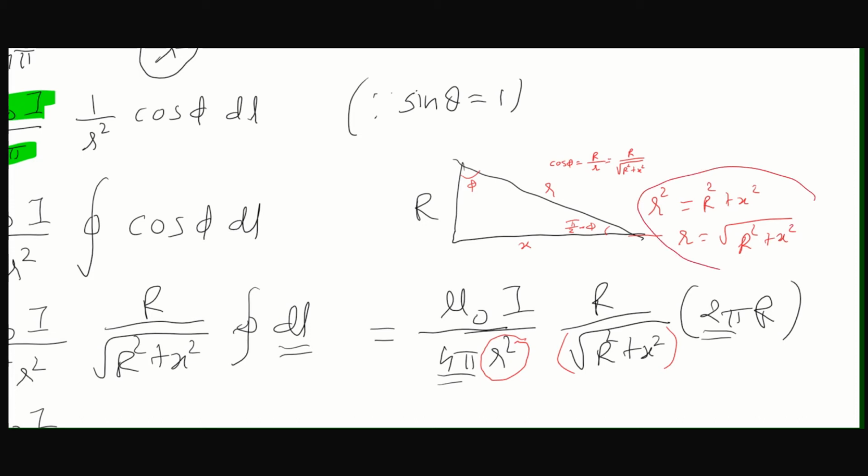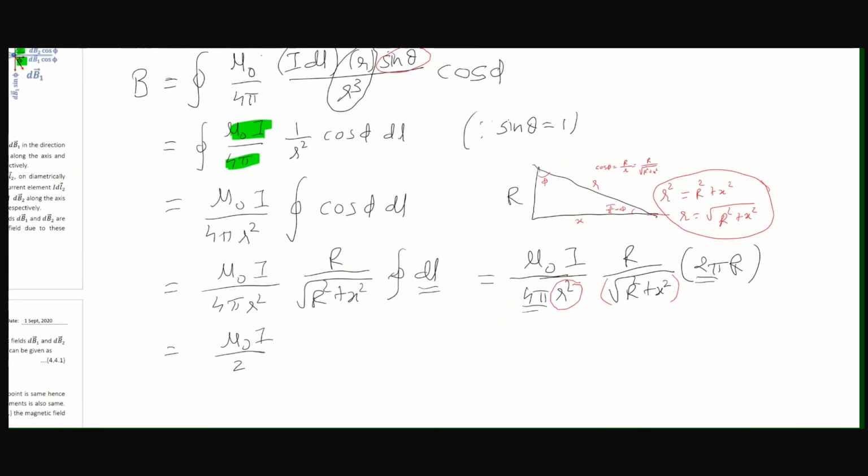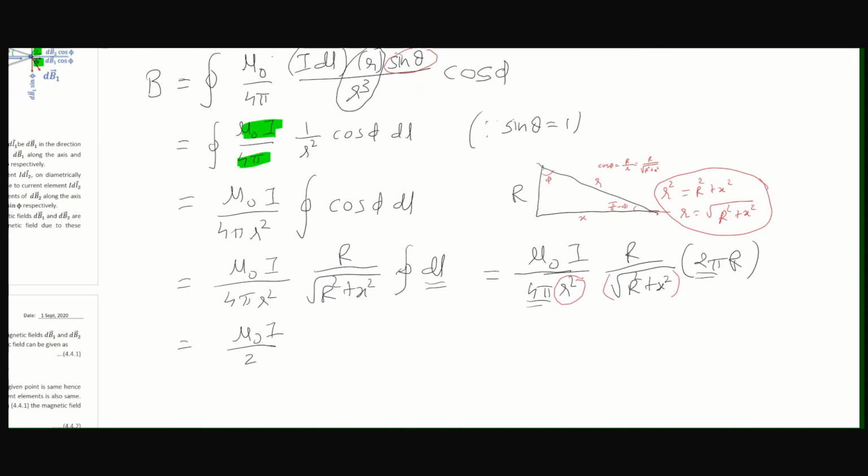What you will get if you multiply this to r square is r cube. You can write it two different ways, r square by r cube, or else you can write it as mu 0 I by 2 r square upon r square plus x square raised to 3 by 2.